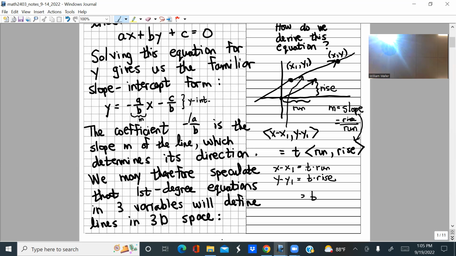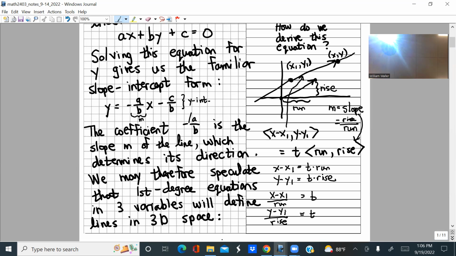From the first equation, x minus x1 over the run is equal to t, and from the second, t is equal to y minus y1 over the rise. I just divided this equation by run on both sides, and this one by rise, and got this. But look, this t is the same.